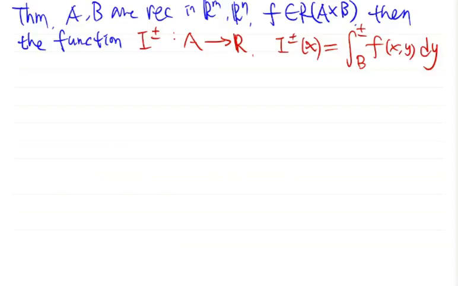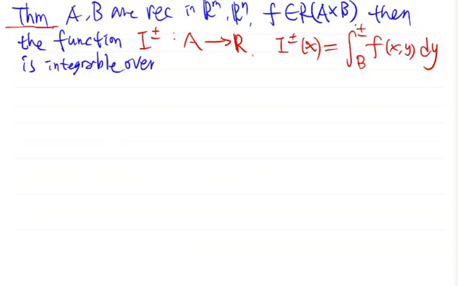Even if f is only a bounded function, even if f is not integrable over the Cartesian product A cross B, these functions I plus and I minus still make sense. For any bounded function, you can compute the upper integral and the lower integral. Okay, so these two functions make sense. But the conclusion of this theorem is that if f is integrable, then these two functions, I plus and I minus, are integrable over A. So a little surprising.